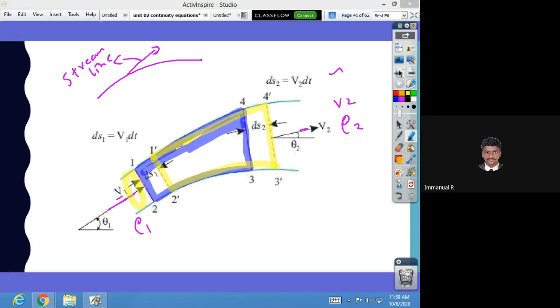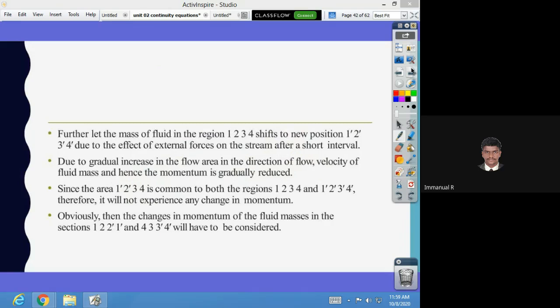If I take the cross section areas as A1 and A2, then A2 will be greater than A1. So here I will write A1 is less than A2.